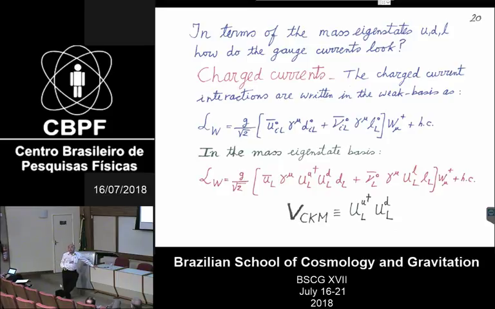That cannot be compared to the difficulty, which is none, of understanding flavor mixing in the context of gauge theories, because gauge theories have built-in universality. The gauge coupling associated to SU(2) has the same value for leptons and for quarks. It's trivial what I'm saying, but it's very important. This is non-trivial if you don't have gauge theories, okay?